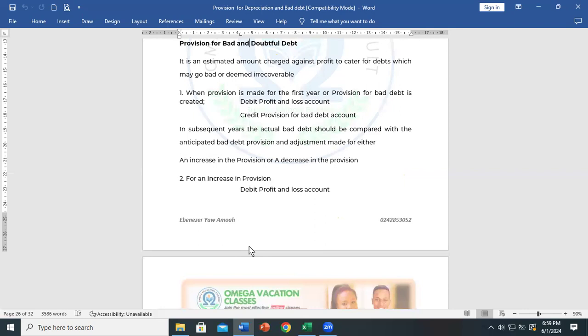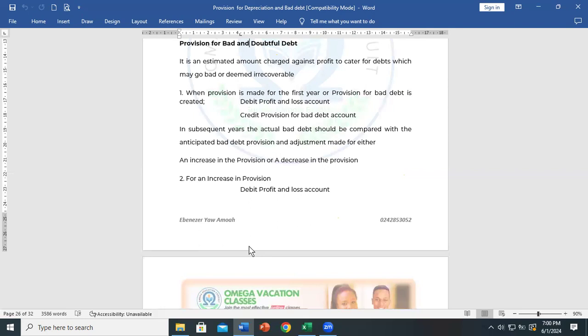You go back into your pocket again and bring in more cash. So if you are increasing your provision again, you go to your profit and loss account, debit it to remove, and you credit your provision for bad debt account. So when you make it initially and when you are increasing it, they have the same entries. You debit profit and loss account and you credit provision for bad debt account.